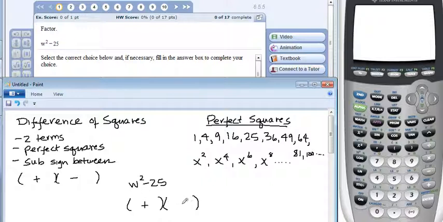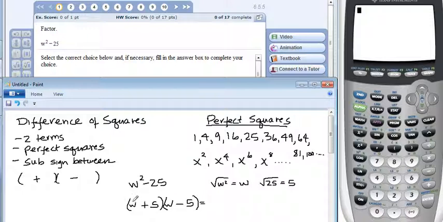Each has 1 plus, 1 minus, and I take the square root of each one. So the square root of w squared is w. And the square root of 25 is 5. So I put the square root of the front term in the front, both of them, and I put the square root of the back one in the back, and I'm done.